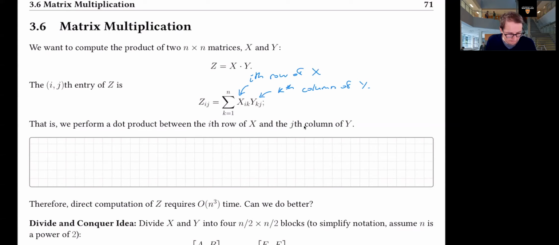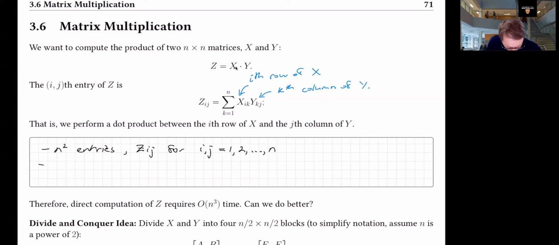So if these are two n by n matrices, then we know that Z has n squared entries to compute, because you have Zij for i, j from 1 to n.